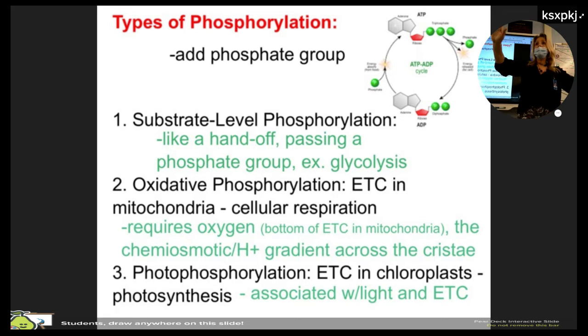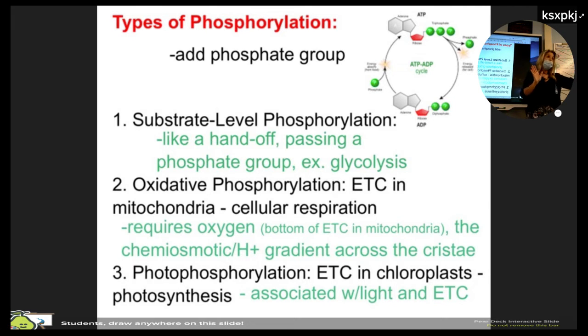We're putting hydrogen ions out in the intermembrane space. And if they're out there in the intermembrane space, you have a difference in concentration. What else? A difference in, not temperature, difference in concentration, pH, and charge. Okay? Difference in concentration, pH, and charge.